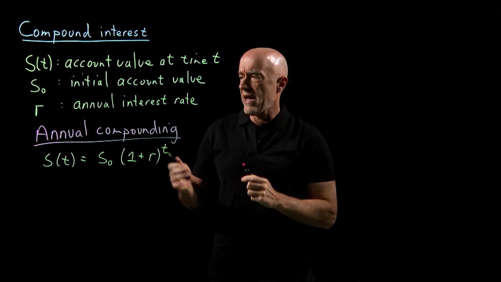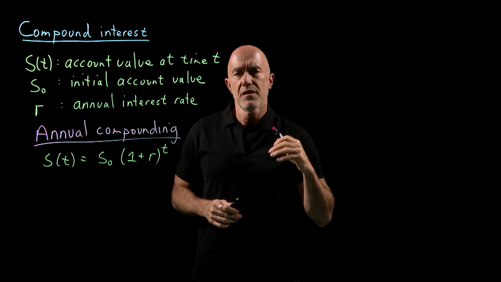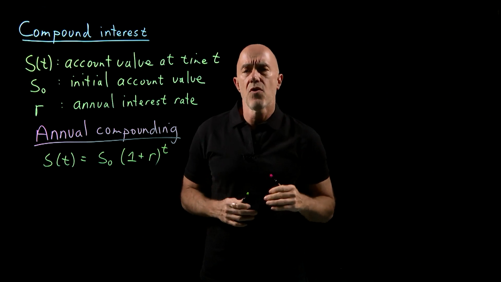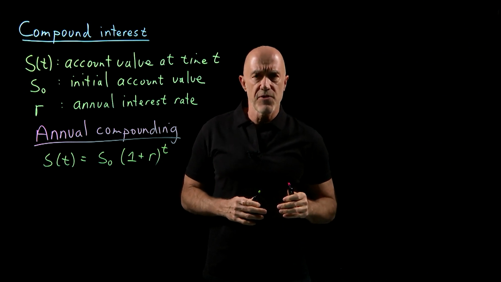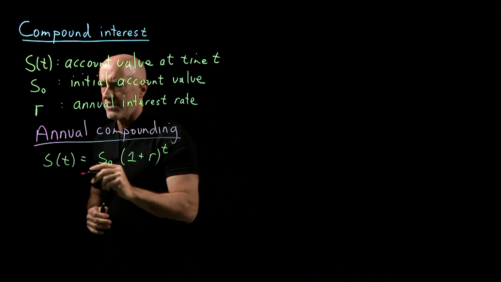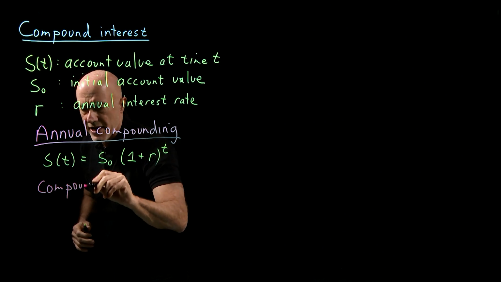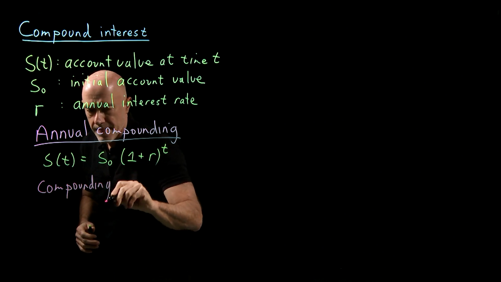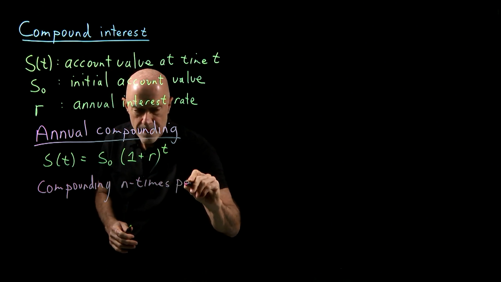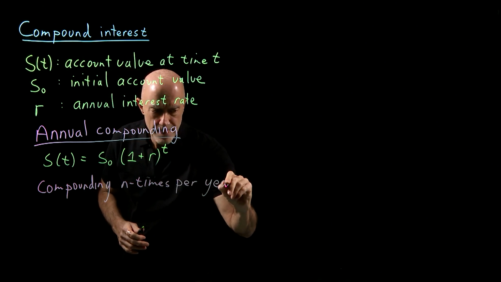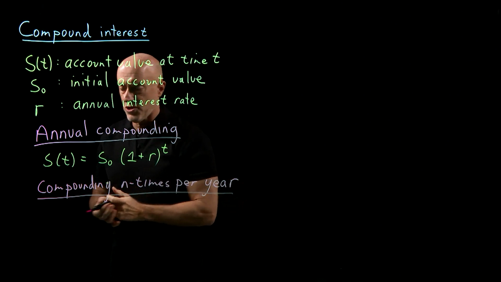Okay, we can do better than annual compounding. We can compound, say, twice a year or once a month. We can do often frequent compounding. So let's just say we do compounding n times per year. Then what would the expression look like?